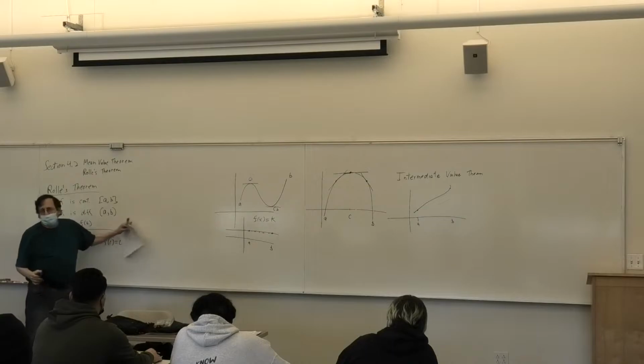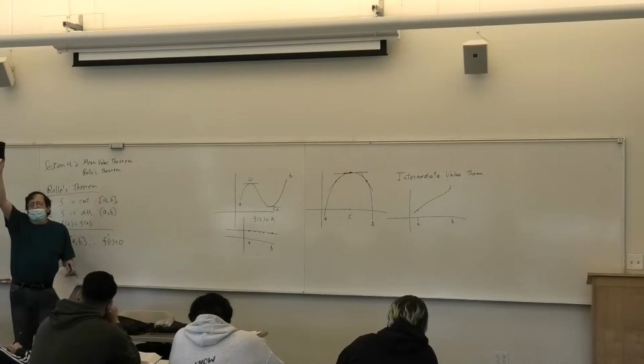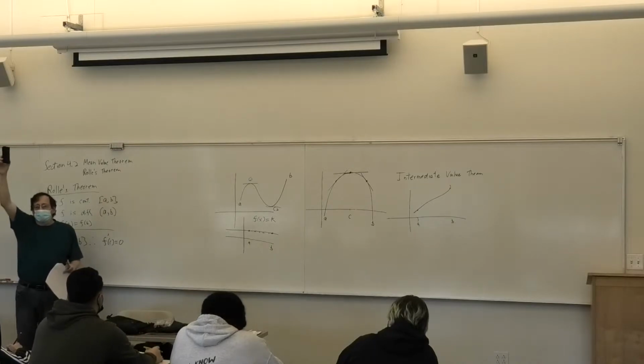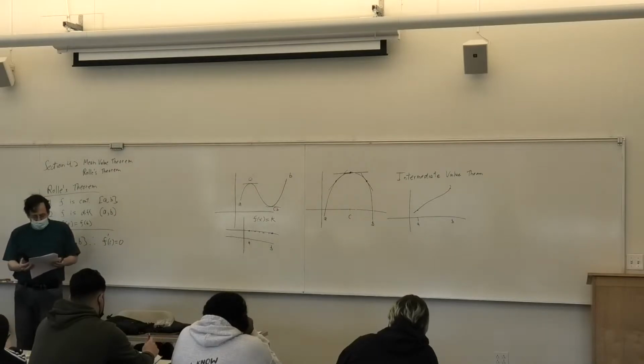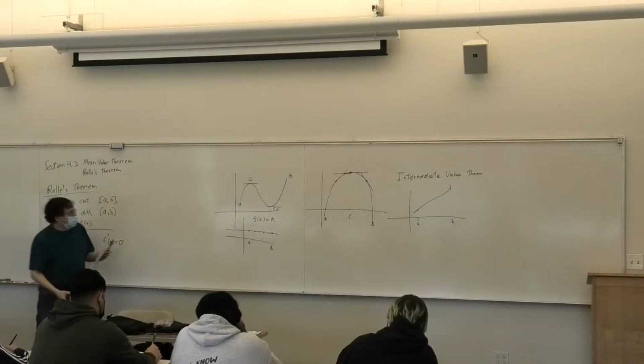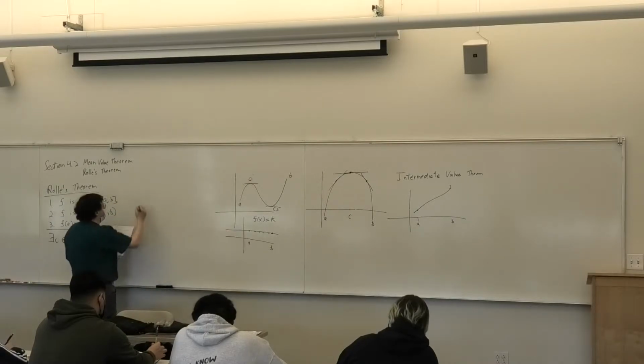Since it's back at the same place eventually, Rolle's theorem tells us that at some point in its trajectory, it's motionless. Its velocity is zero. That is, at the top of its arc, it's zero.